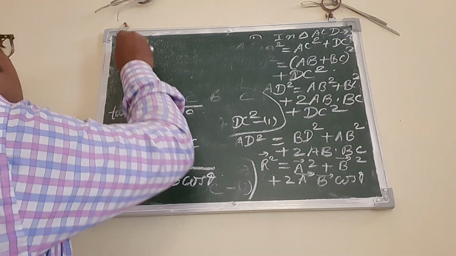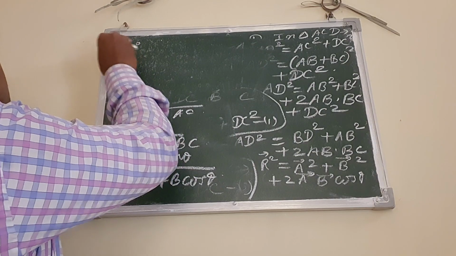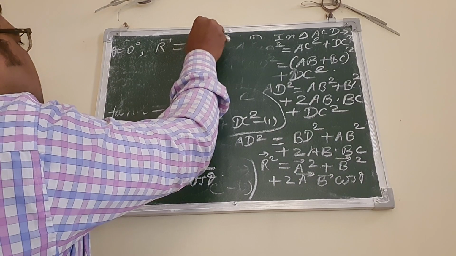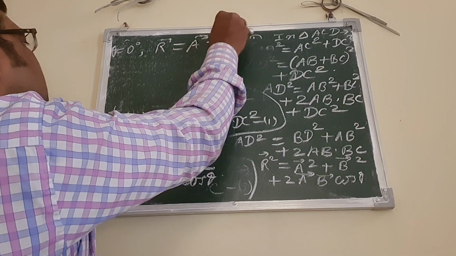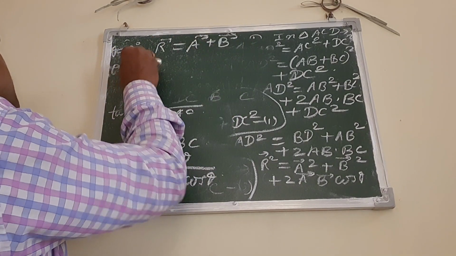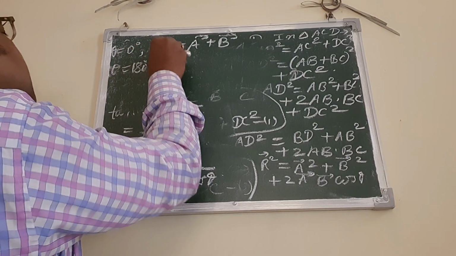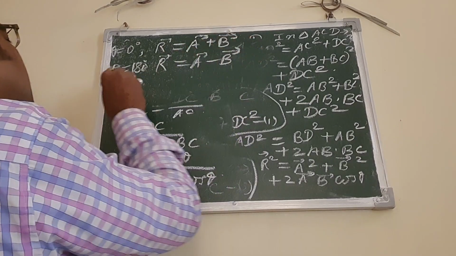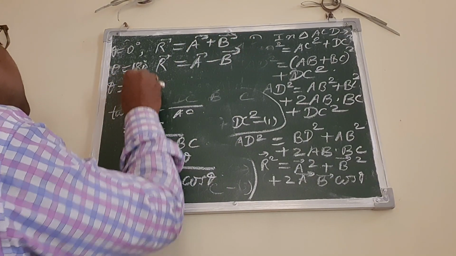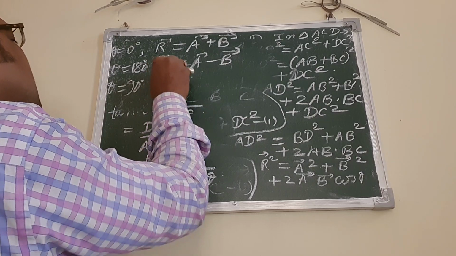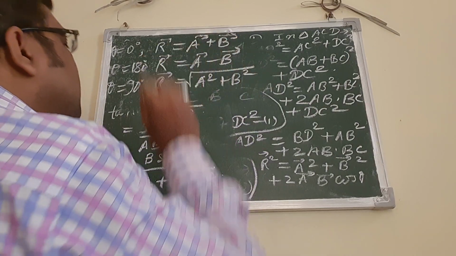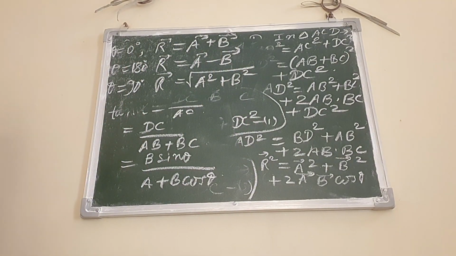If theta equal to 0 degree, then resultant R is equal to the sum of the two vectors, that is A plus B. If theta equal to 180 degree, then it will be opposite direction, so it will be minimum and it will be A minus B. And if theta equal to 90 degree, then according to Pythagoras theorem, vector R will be root of A square plus B square. So these are the cases.